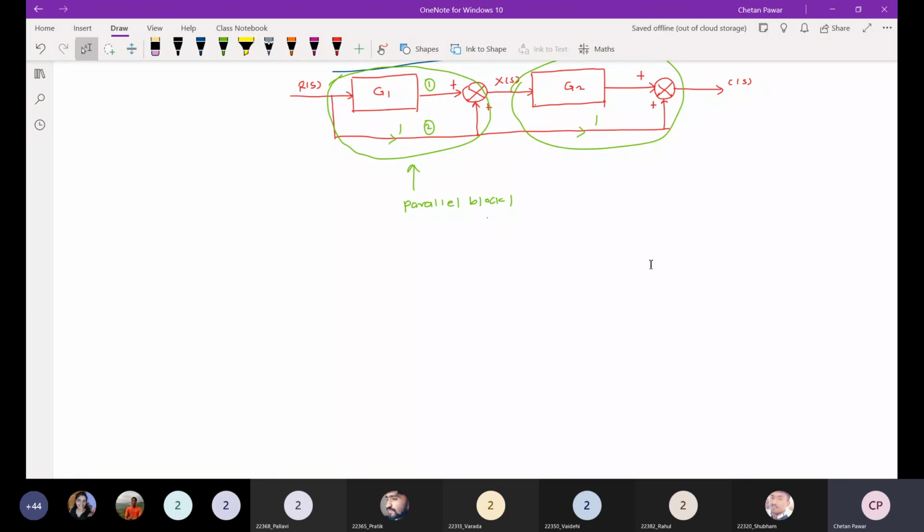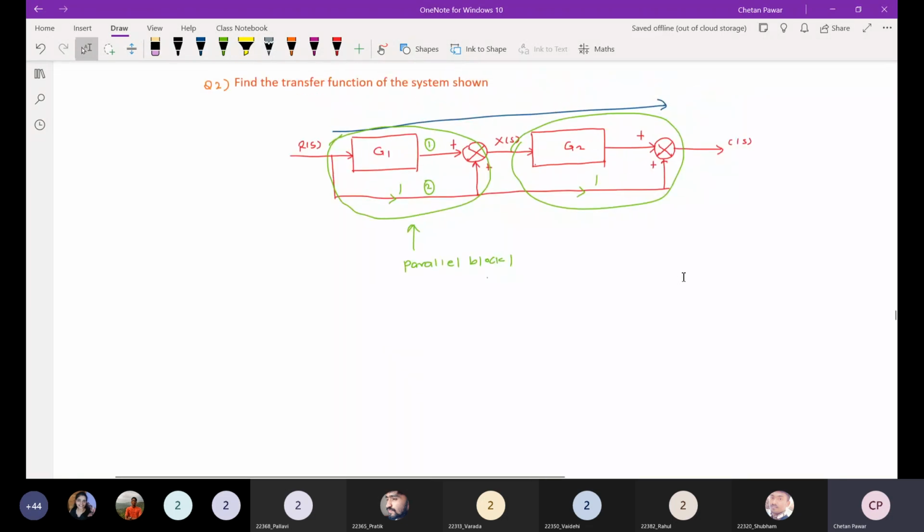Not like that. I will just simplify it, so that you will get some idea. I will just simplify it. So you will be able to clearly see the parallel blocks.